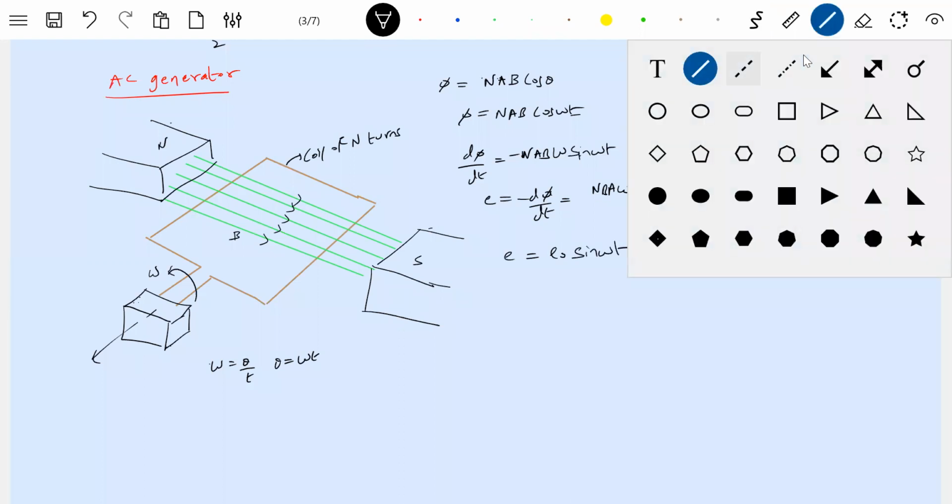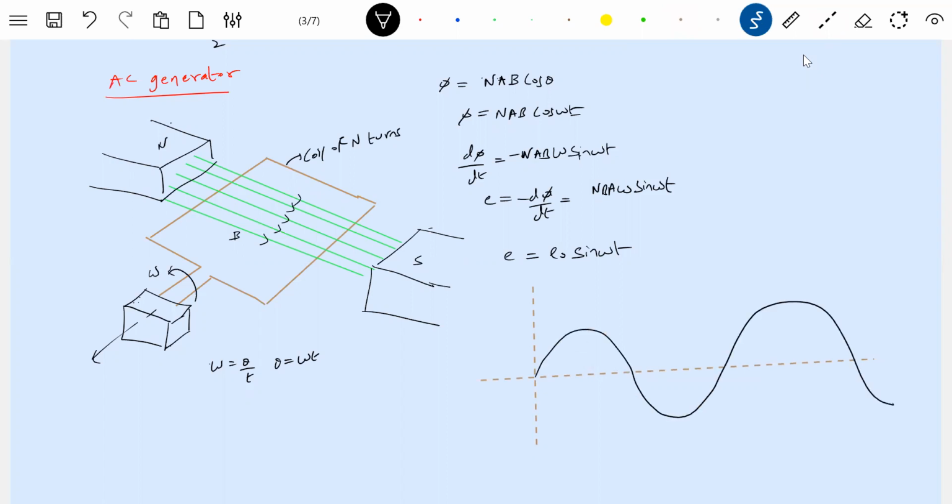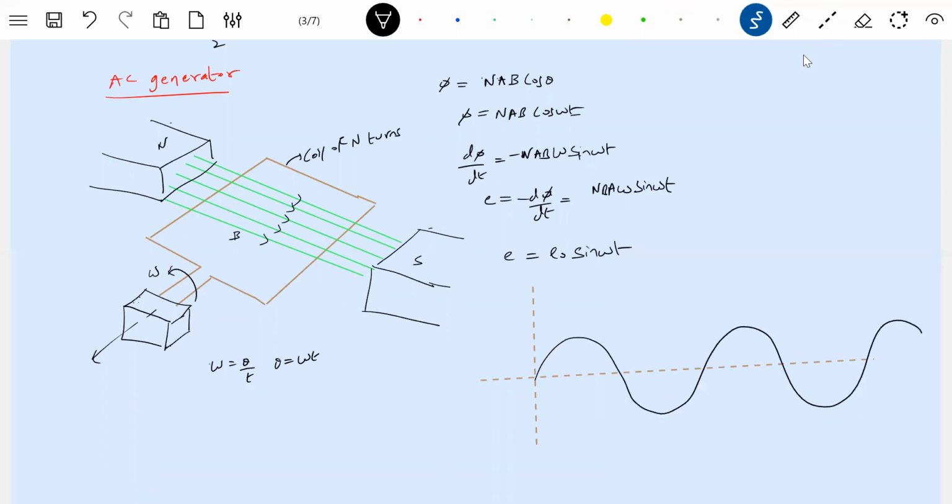So how is this particular signal generated? The signal generated is called an alternating current signal. E naught, minus E naught. This is T by 4, T by 2, 3T by 4. The sine wave, what you study in trigonometry.